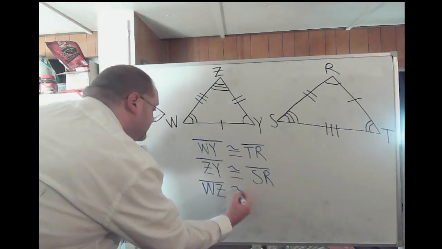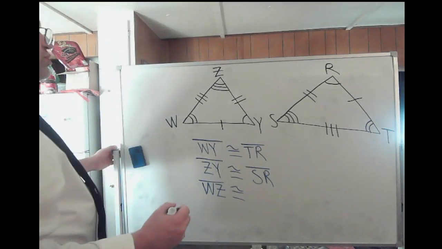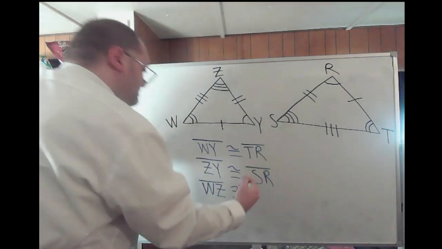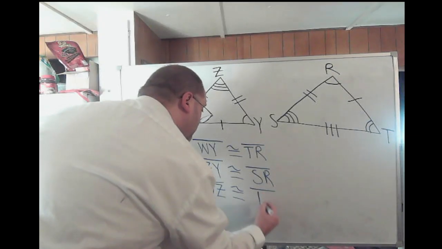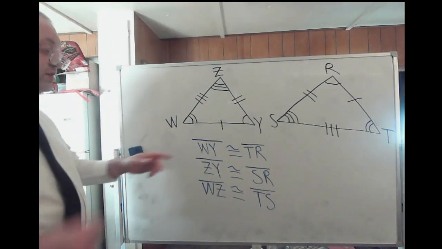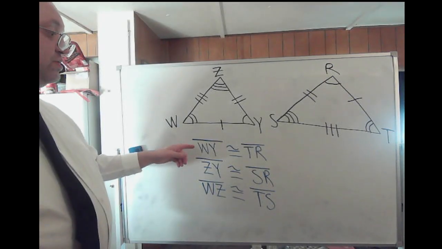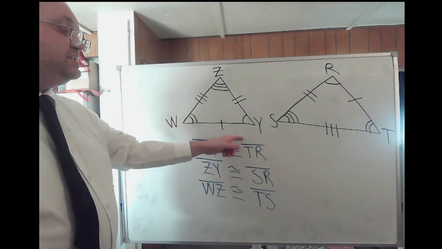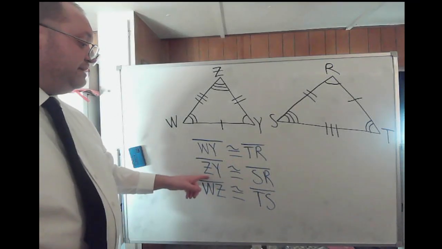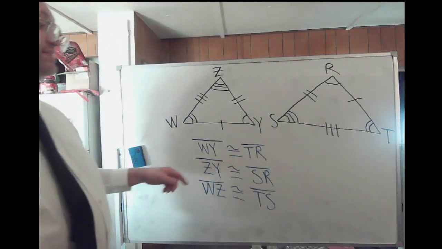It looks like line segment WZ is congruent to TS. Alright, so we've identified the three congruent sides of each triangle. WY is congruent to TR, ZY is congruent to SR, and WZ is congruent to TS.